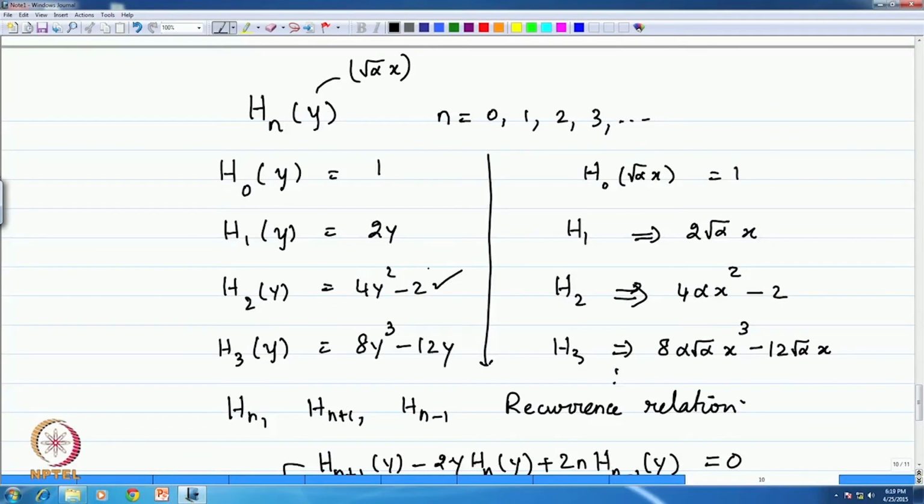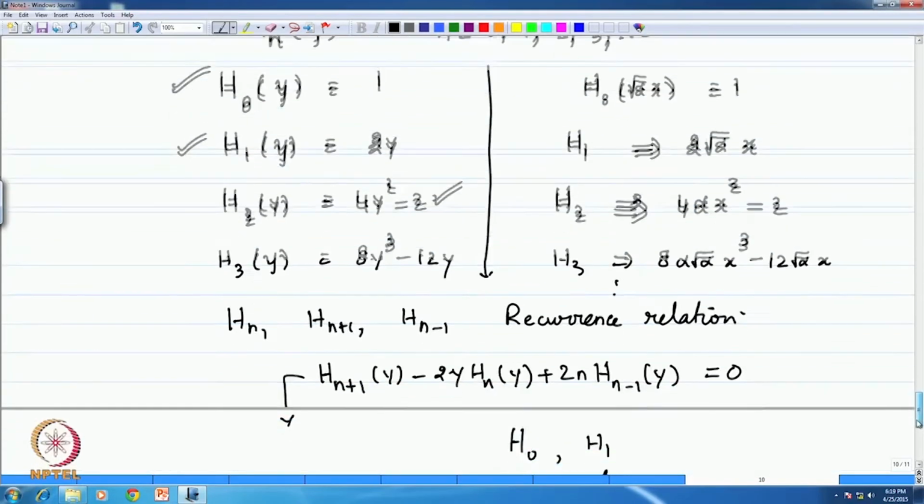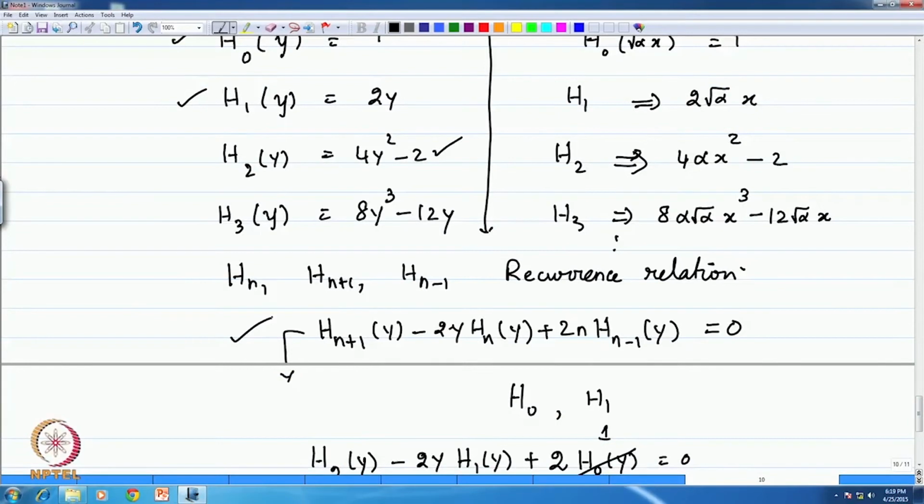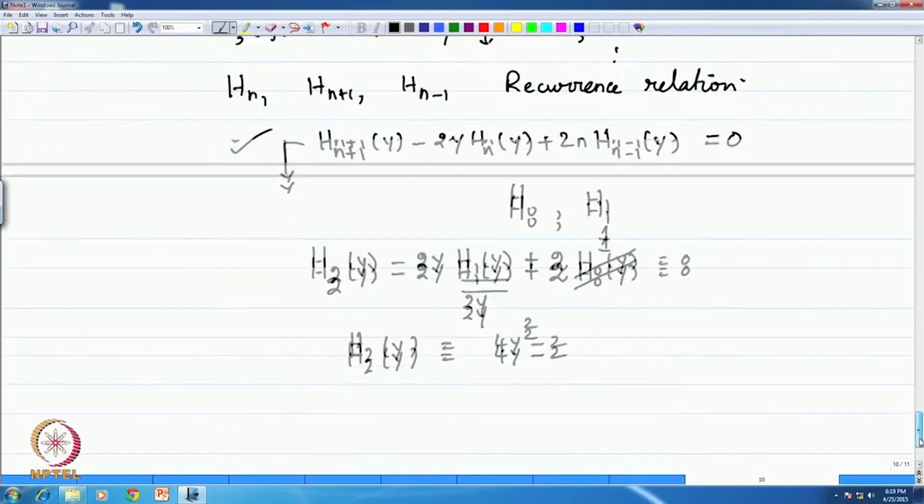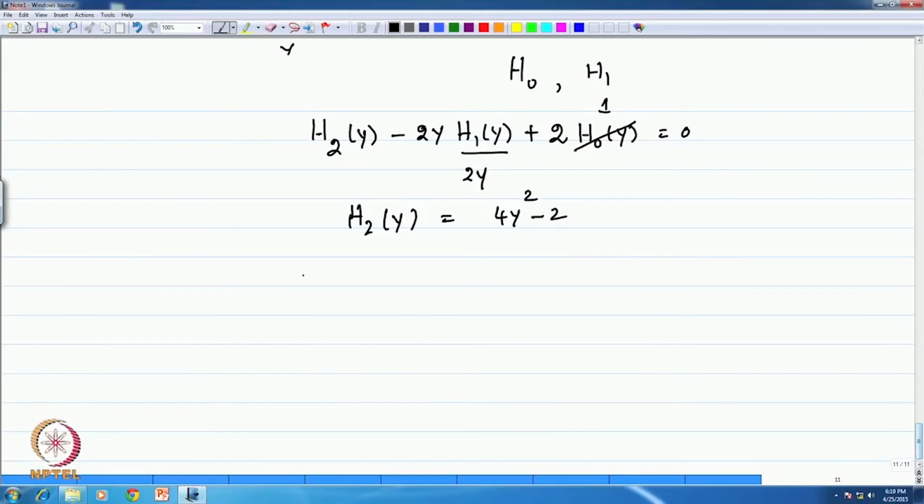See that. So if we knew H0 and H1 from mathematics and also the recurrence relation, then in principle we can calculate any Hermite polynomial Hn from the previous two Hermite polynomials. One exercise would be to show that H3 of y is equal to 8y cube minus 12y, and so on.